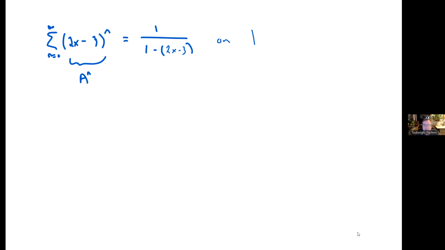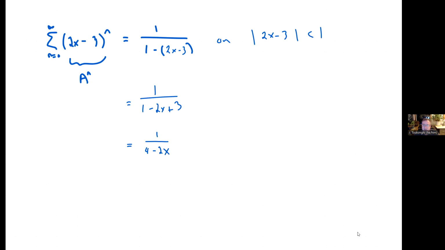And the value inside those parentheses is 2x minus 3. We're essentially done. We just need to simplify this fraction. 1 over 1 minus 2x plus 3. And then I can combine the 3 and the 1 to get 1 over 4 minus 2x. So that's the function that this power series converges to.